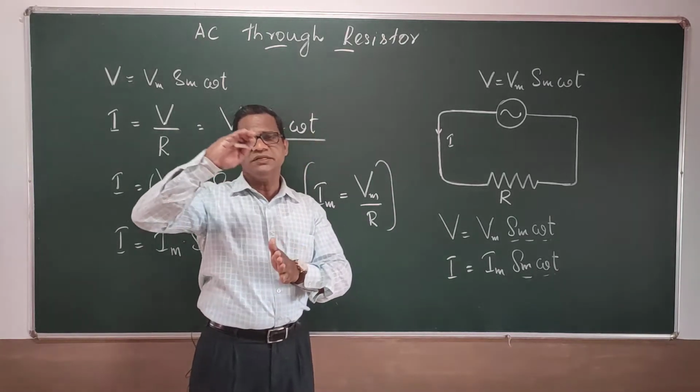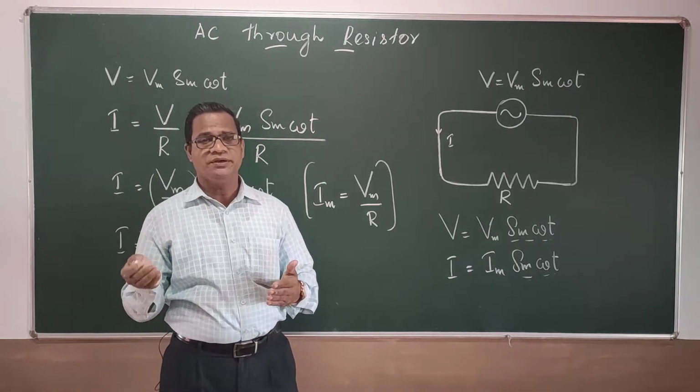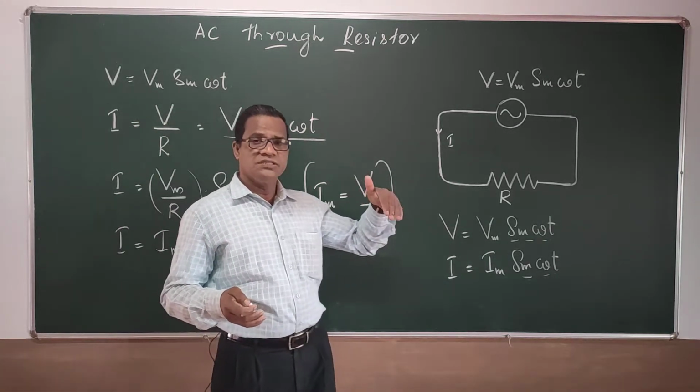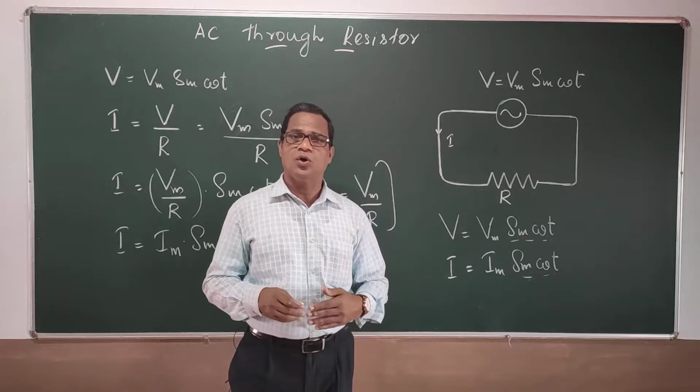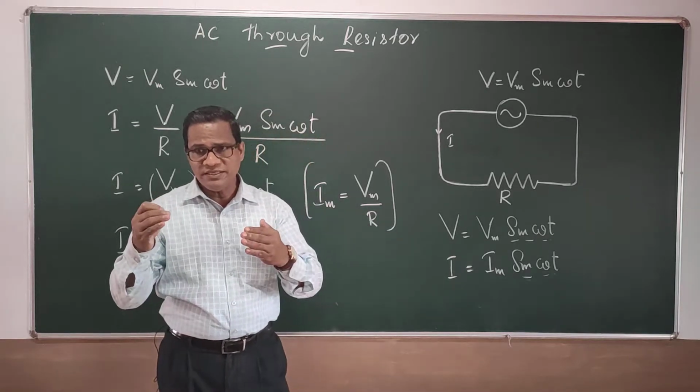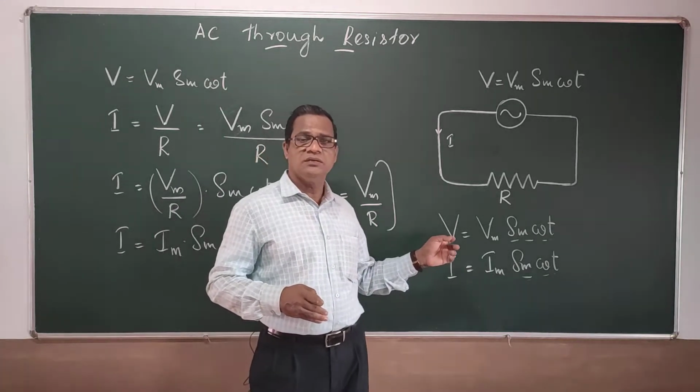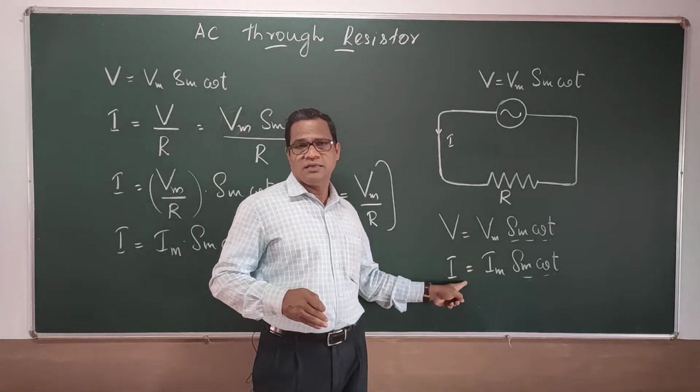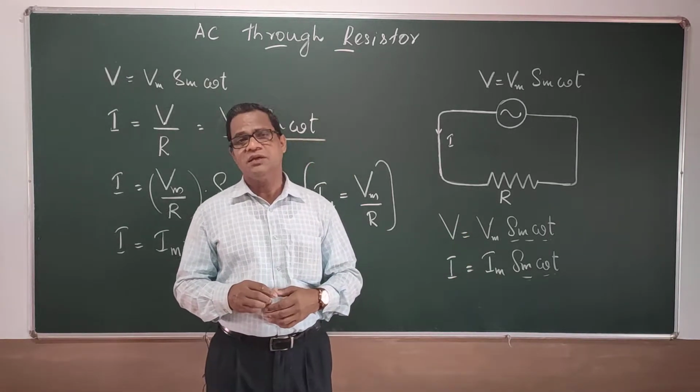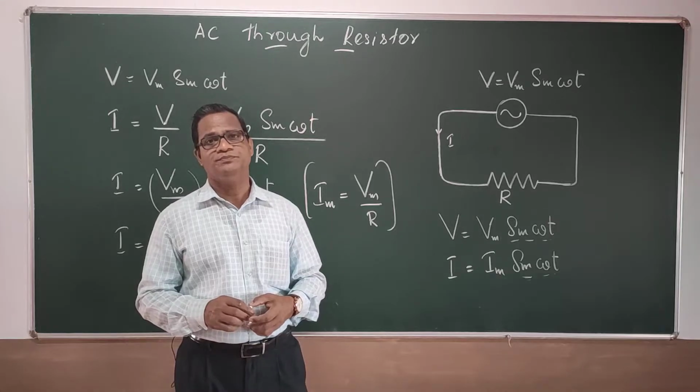Means when the voltage increases, current is also increasing, and when voltage decreases, current is also decreasing. Therefore, the phase angle between the voltage and current in this case will be 0.